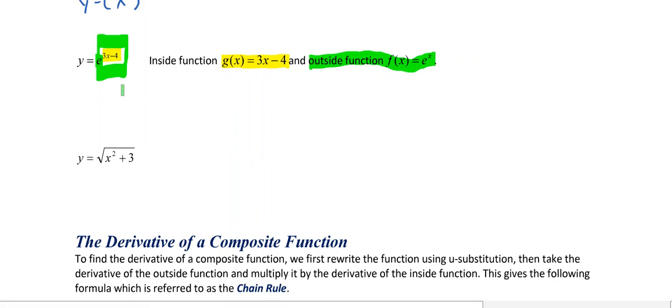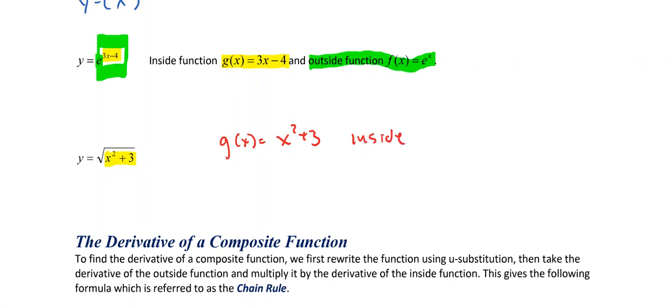And in the third example, the inside function, what is underneath the radical sign, will always be the inside function. So in this case, g of x is equal to x squared plus 3 is the inside function.